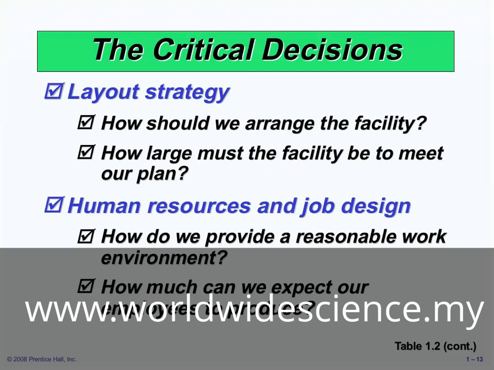Arranging the facility means, for example, where the warehouse, the stores, the factory, and the office should be built, how these units should be linked together, and how we can transfer staff or equipment from one location to another. This is arranging the facility, and it is called the layout strategy.